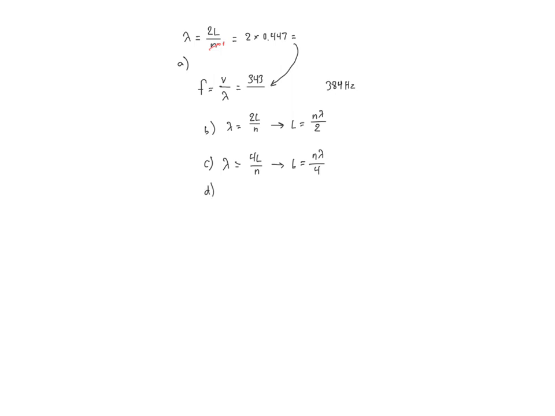And for part D, you just want to replace the air with helium and describe an experiment that uses the pipe to determine the speed of sound in helium. You basically are doing the exact same thing you just did in the lab last week, which is you use a bunch of different tuning forks. So you're going to have multiple frequencies.